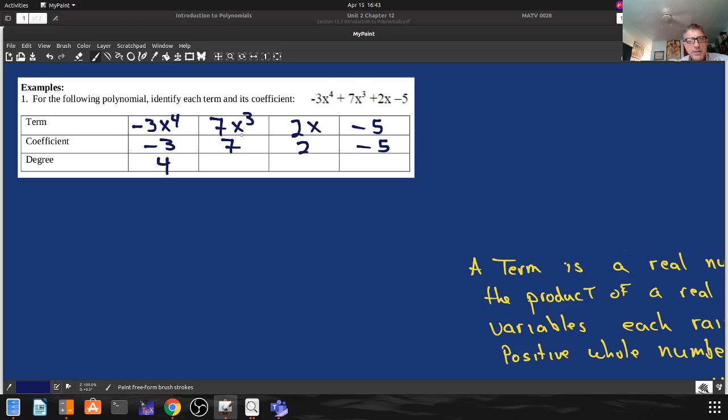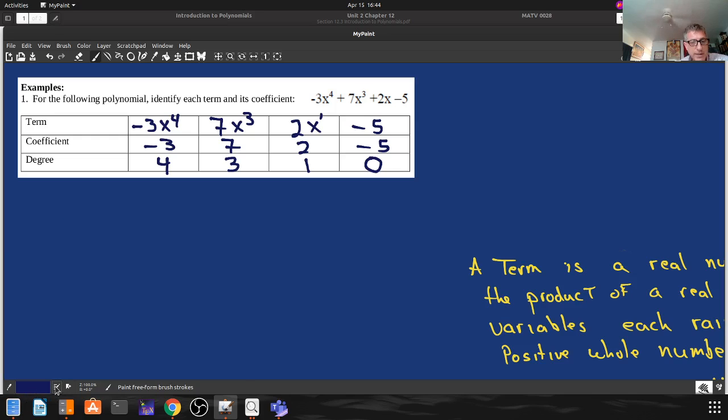The degree of the 7x cubed term is 3. The degree of the 2x term, remember that has a power 1, is 1. And the constant term always is defined to have degree 0 as long as the constant itself is not 0. And we don't have to worry about that because we don't write it when the constant is 0.